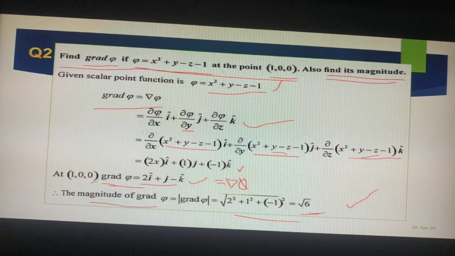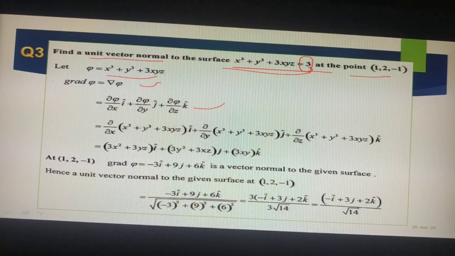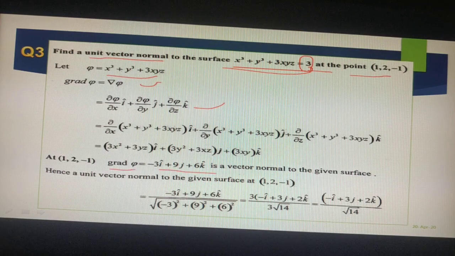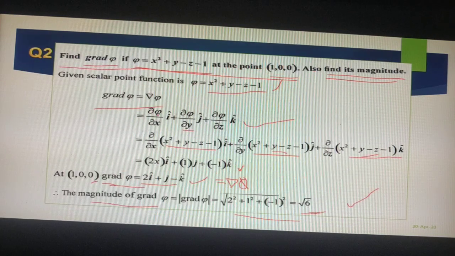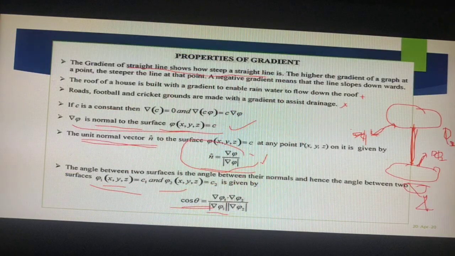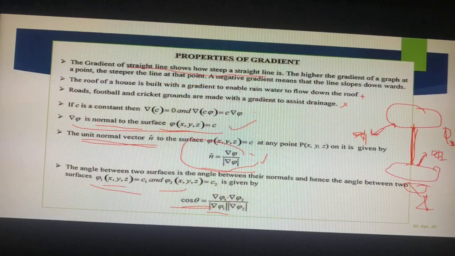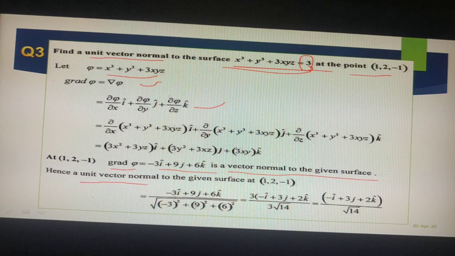So see here, as usual, this is your scalar point function. We know the formula, and find your grad pi at that point. So this is a vector normal to the given surface, the whole vector. But we want the unit normal vector, so we should take it to get the unit normal vector.